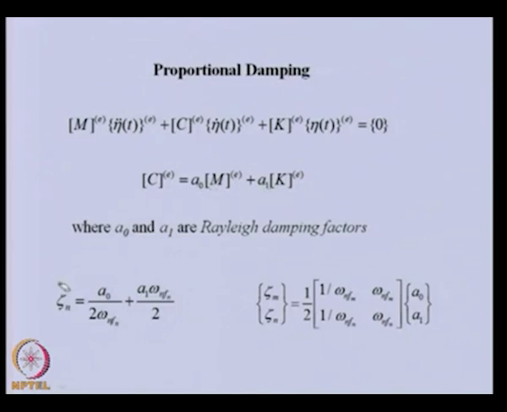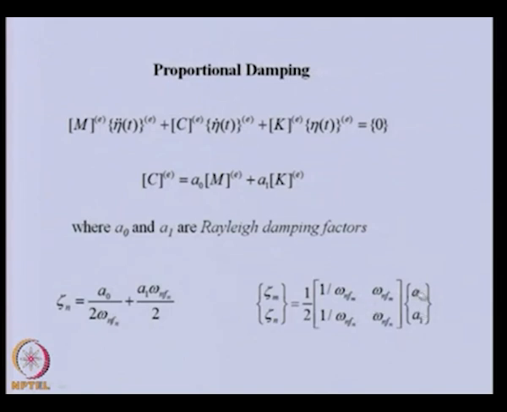For a particular mode, let us say the nth mode, this is the damping ratio, these are the constants, and this is the natural frequency. If we are interested in a certain frequency range, we can pick up the two natural frequencies within which we want to analyze the system. Let us say one is the mth mode and another is the nth mode. If we write this for the mth mode and nth mode, we get two equations that can be written like this.